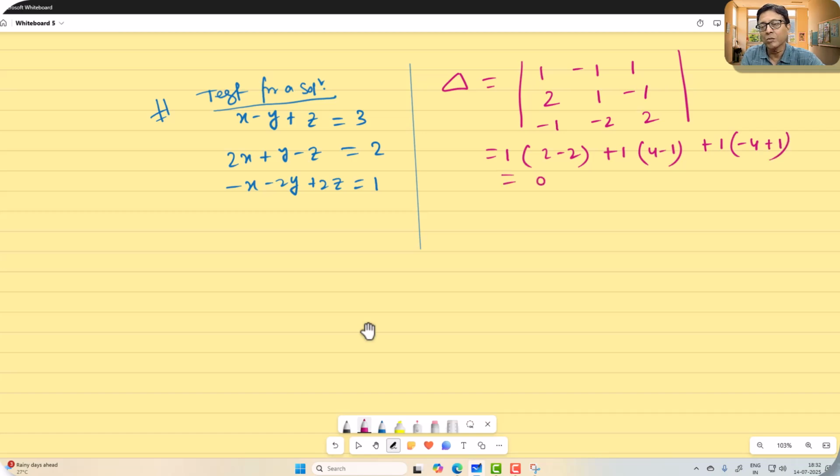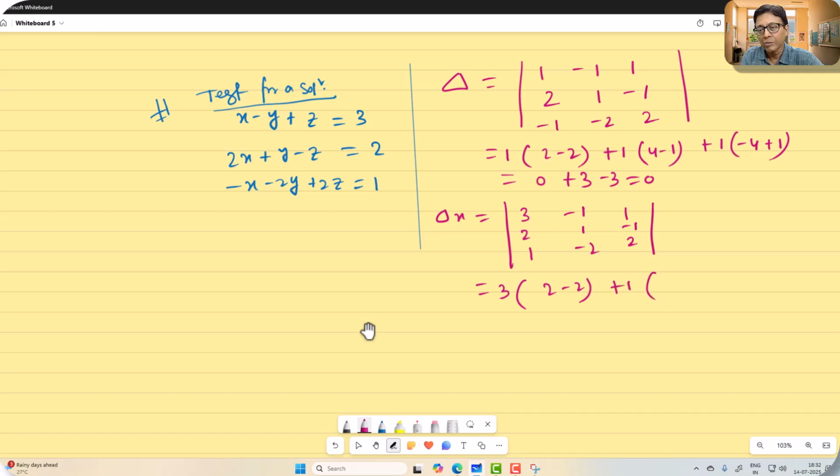So 0, 3 minus 3, 0. Delta x is what? 3, 2, 1, minus 1, 1 minus 2, 1 minus 1, 2. 3 into 2 minus 2, 1 into 4 plus 1, plus 1 into minus 4 minus 1. This will be 0.